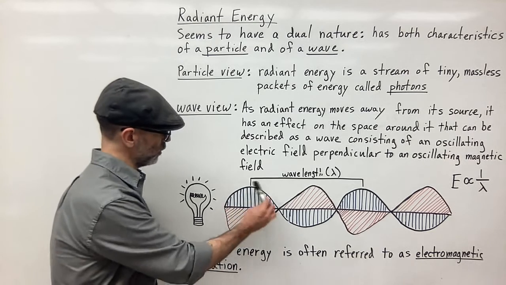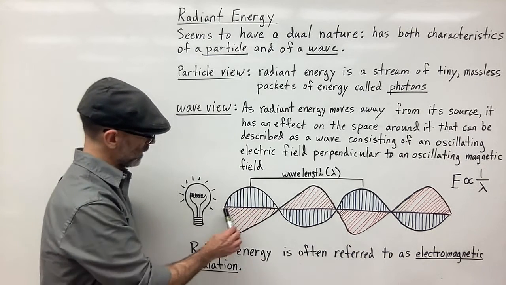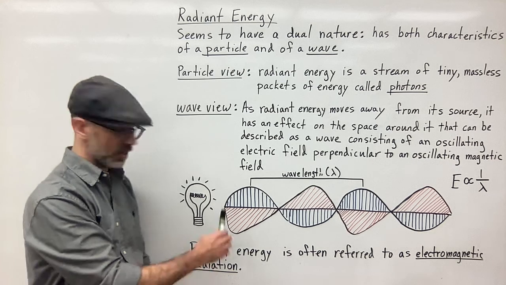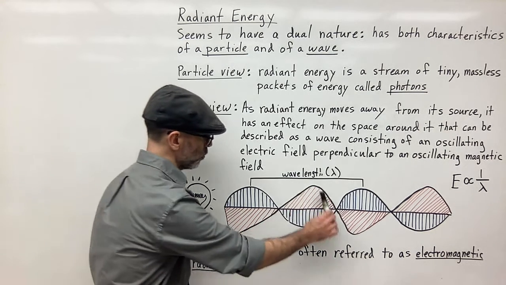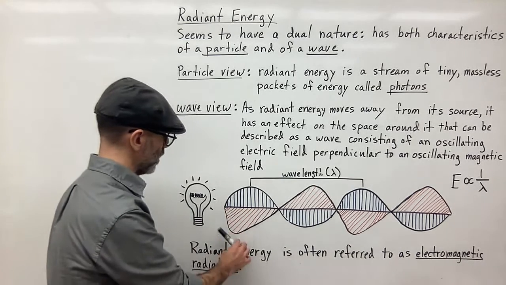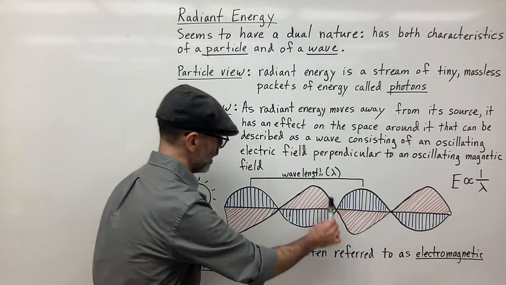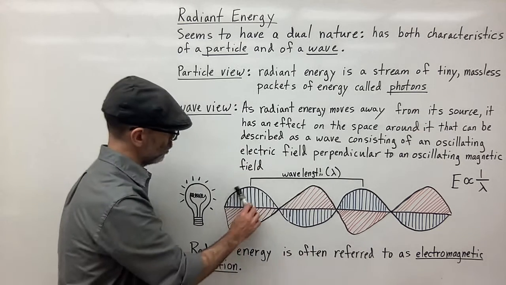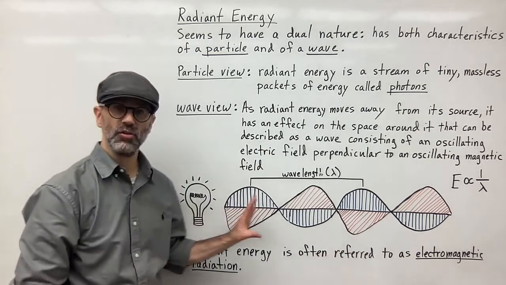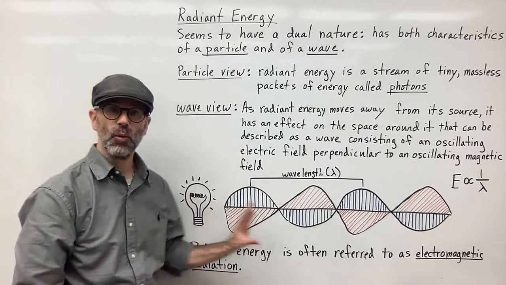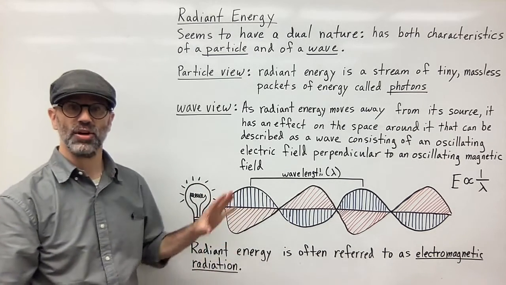The electric field that's oscillating is blue, and so perpendicular, I did my best to make it look perpendicular, the red is the perpendicular wave, and that would be the magnetic field. So you have an oscillating magnetic field that's perpendicular to the oscillating electric field, and this would be the wave view or wave theory of radiant energy or light.